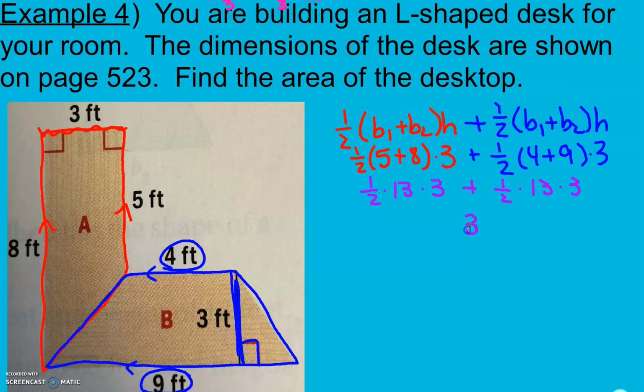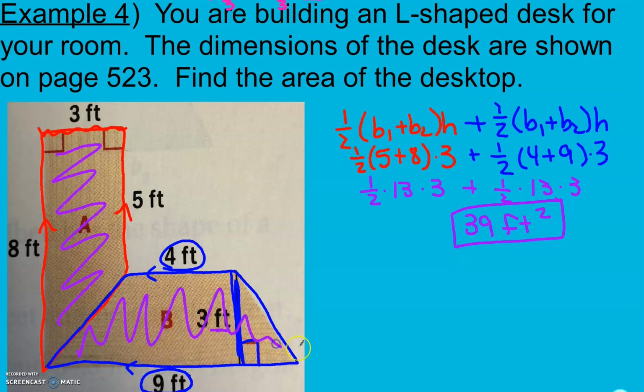So 13 times 3 is 39 feet squared. And again, you could have found that just by typing it all in your calculator right away as well, as long as you type it all in right. So we can find the area of A and the entire area of B, add them together to find the total, and we get 39 feet squared.